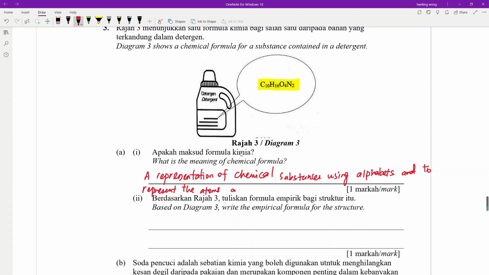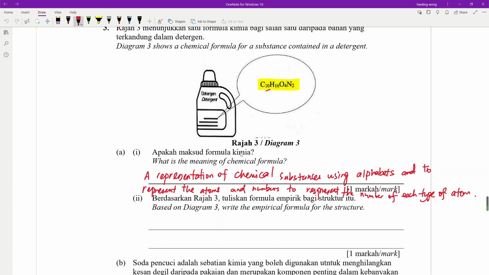And there are some numbers, right? Numbers to represent the number of each type of atoms in the compound.